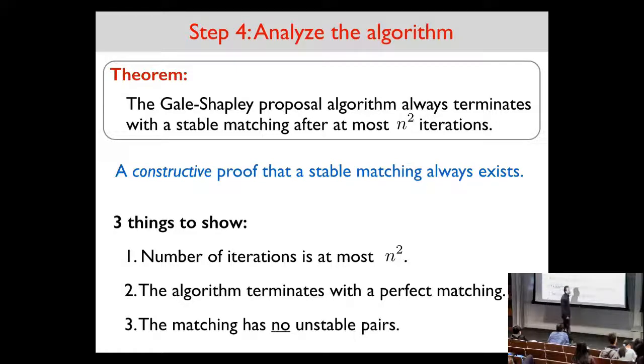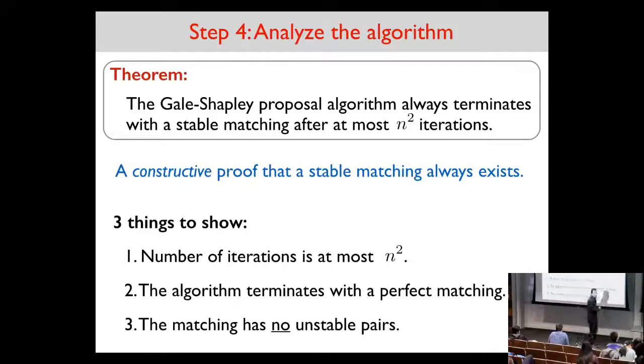Okay, so to prove this theorem, we need to do three things. The first thing we're going to do is show that the number of iterations is at most n squared. All of these are going to be pretty straightforward actually. The second thing we have to prove is that the matching we get is stable. But what's the definition of being stable? First, it has to be a perfect matching. So we're going to see that it has to terminate with a perfect matching.